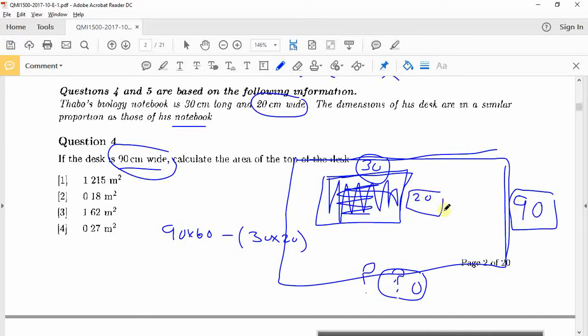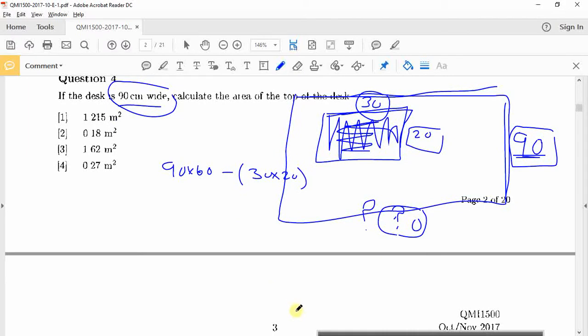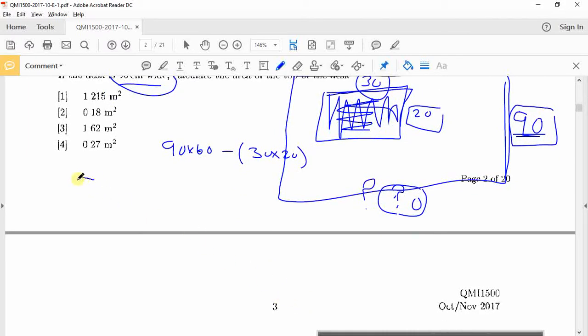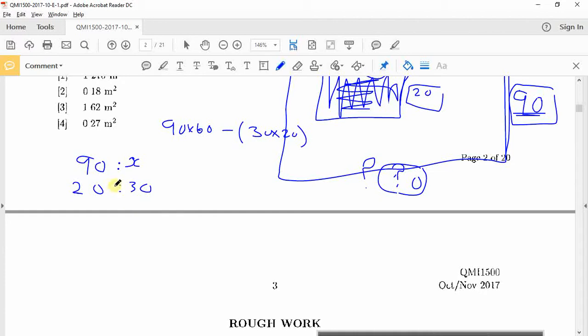So how do I get, so 90, I'm going to divide this by 20 to see how much to multiply with. Well, I need a ratio, so let me do it this way rather. 90 to x is the same as 20 to 30. Does that make sense? Yes. Okay, so then the proportion is the same.